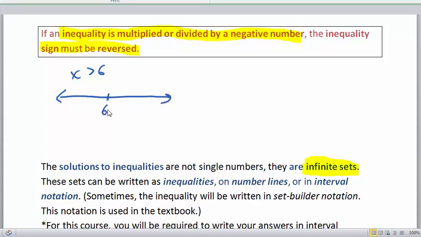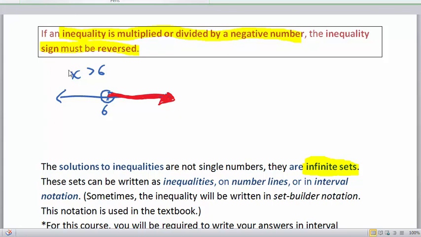I would have a 6 here, and the 6 is not included, so to show that, what I would do is I would use an open circle, and then I want to shade everything that is greater than that number, and on a number line, greater than means to the right. Okay, so I'm shading everything to the right of 6. So that would be the number line representation of that set.